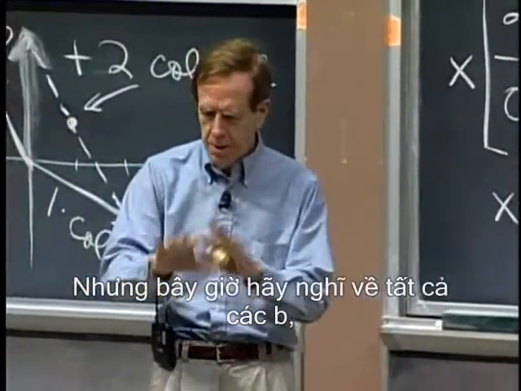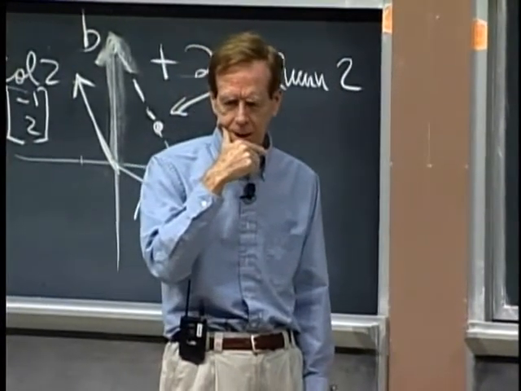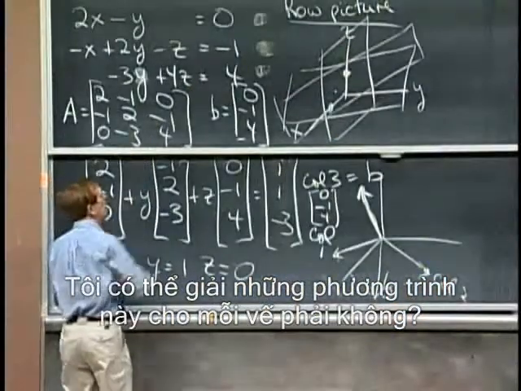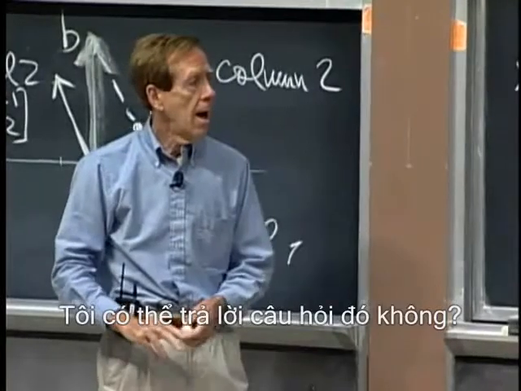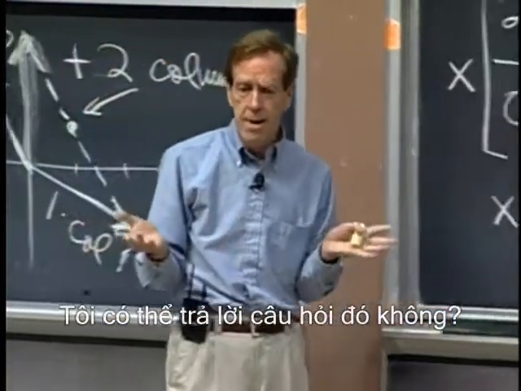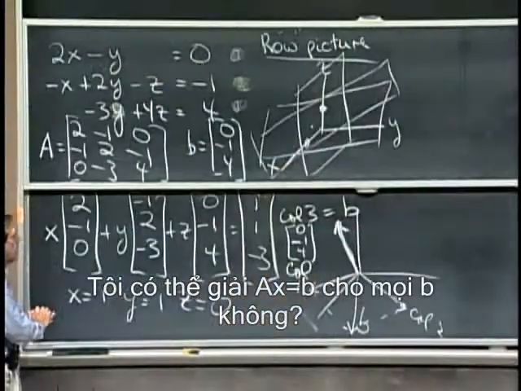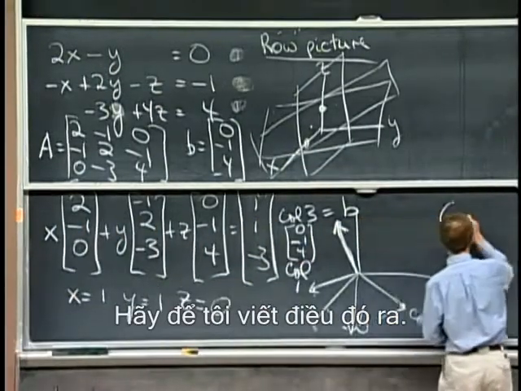But now think about all B's, all right-hand sides. Can I solve these equations for every right-hand side? Can I ask that question? So that's the algebra question. Can I solve AX equal B for every B? Let me write that down.